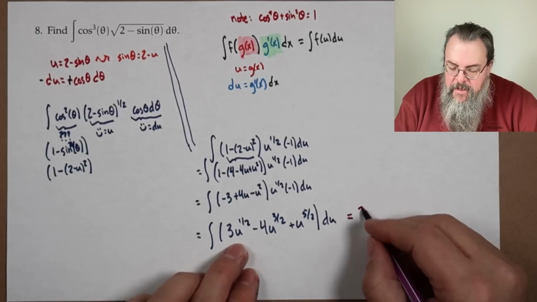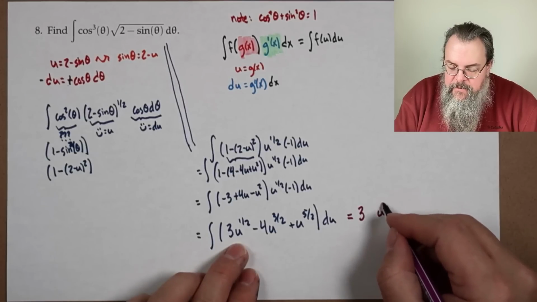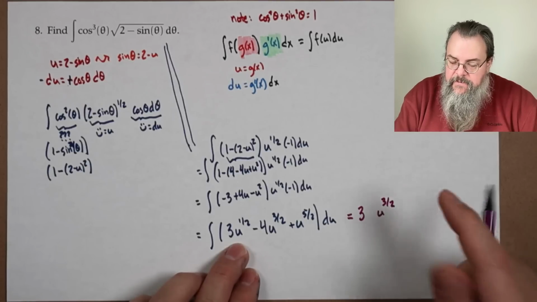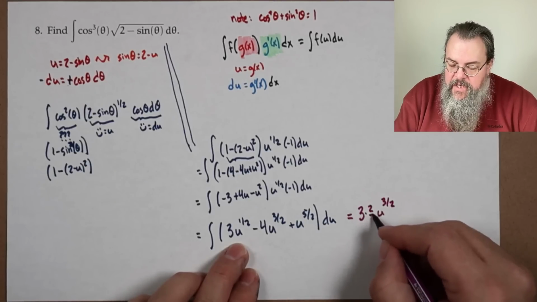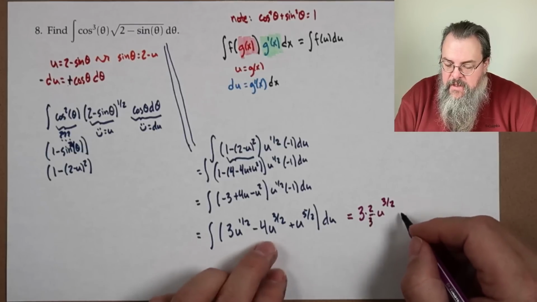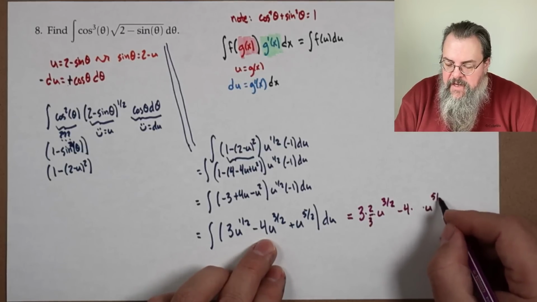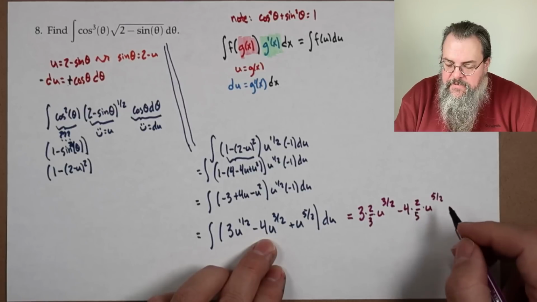So the 3, u to the 1/2, we add 1, that's to the 3/2 power, right? 1 plus 1/2 is 3/2, and then times 2/3 in front. Minus 4, add 1 becomes 5/2 times 2/5.